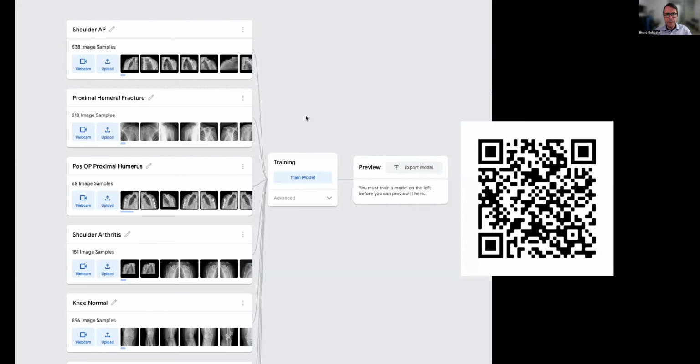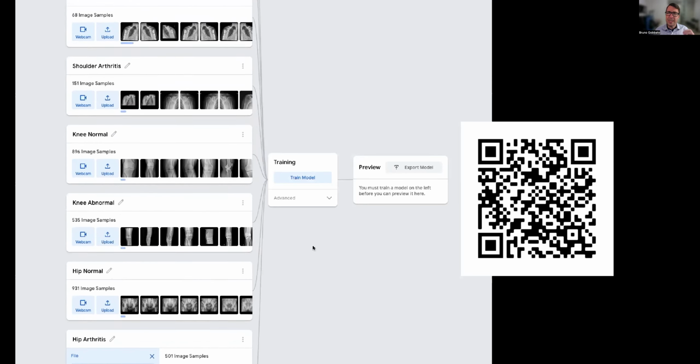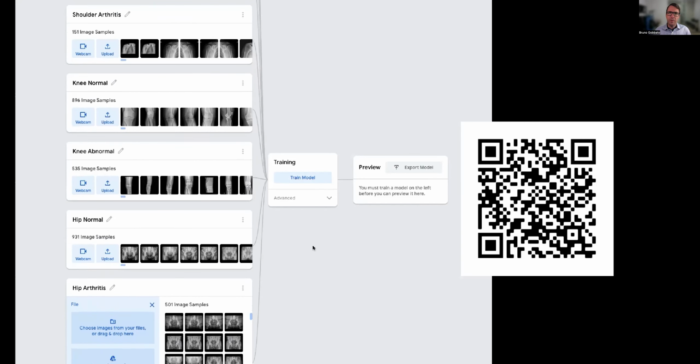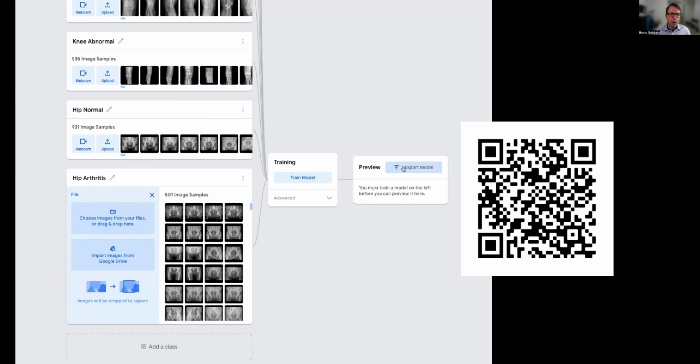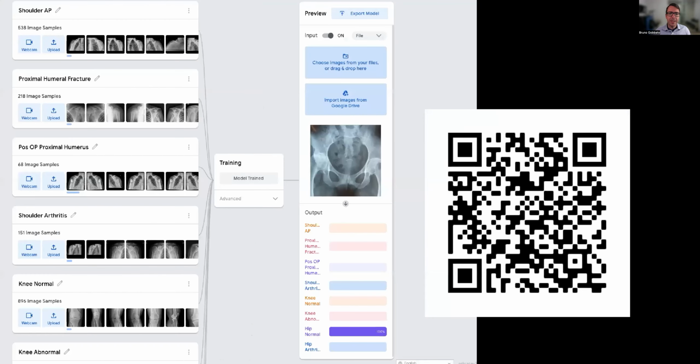And this is an example that you can try at your home. With this QR code and your own phone, you can test. It's a simple machine learning with few images, to test if the machine learning can identify that that's a hip and that's a knee. So that's a very simple machine learning that you can test at your own home with this QR code.